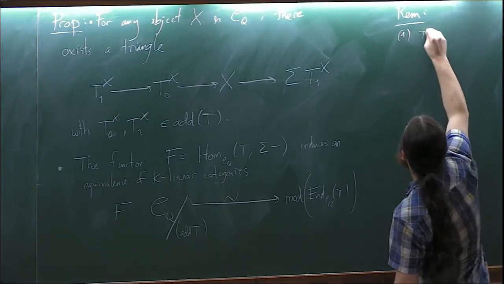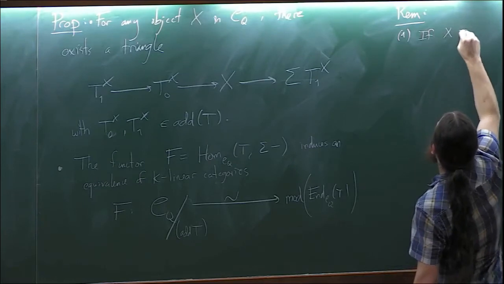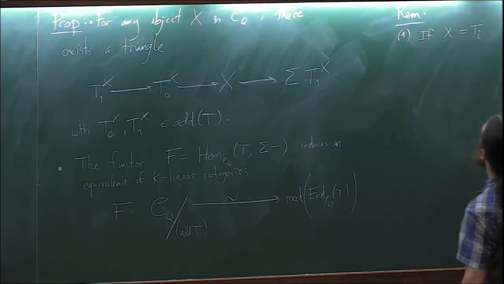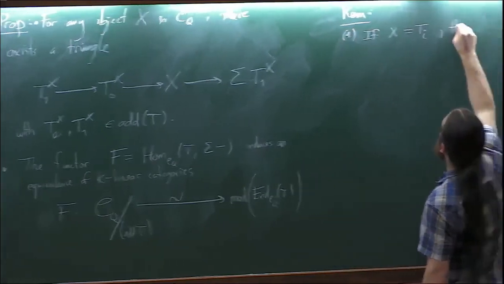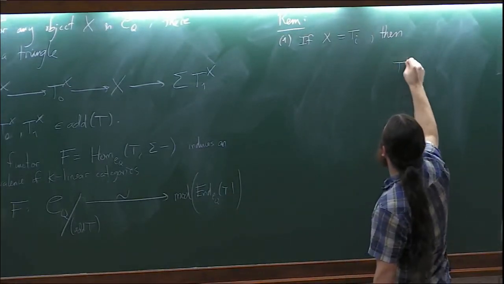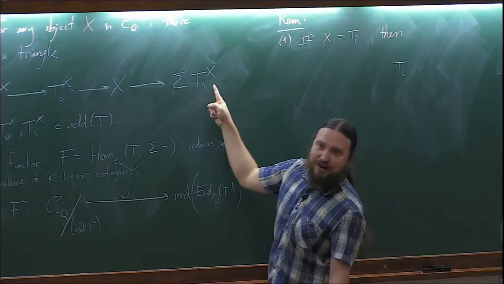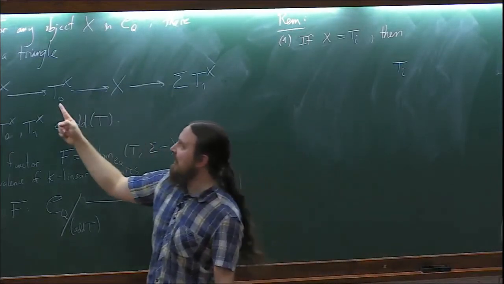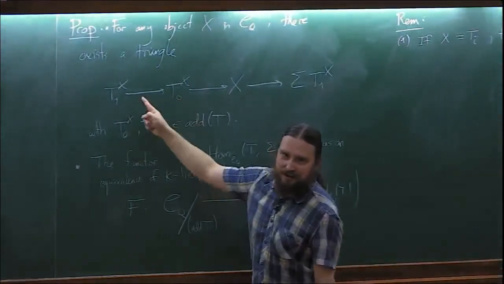Say, if X is Ti, then how can you find such a triangle where X is Ti and those two terms are in add T?